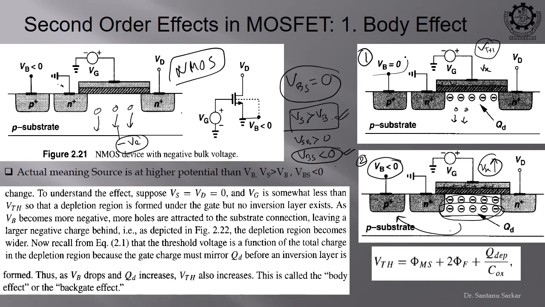Because of this negative potential of the bulk, what is happening? This Q depletion is increased, you agree? My depletion width is increased.